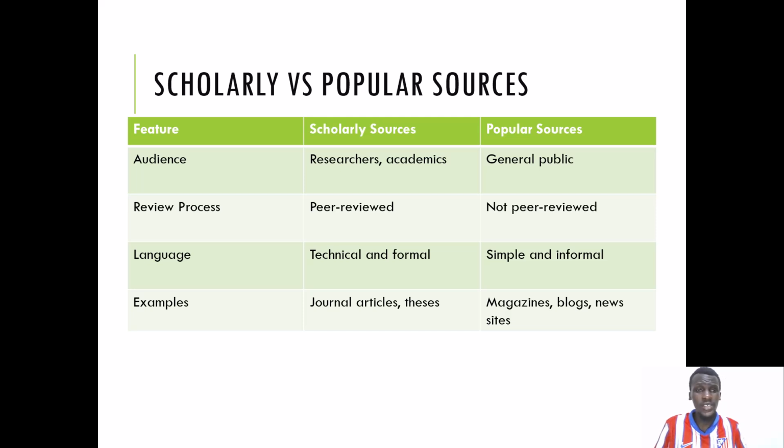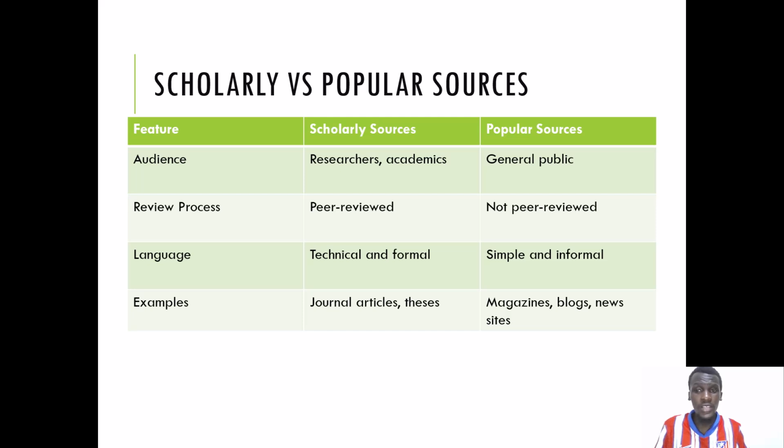For popular sources, most of the people who will see it, you won't even know them. The language in scholarly sources is technical and formal, mostly straight to the point, direct.